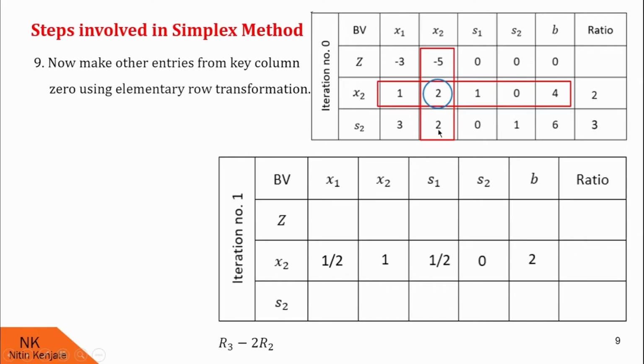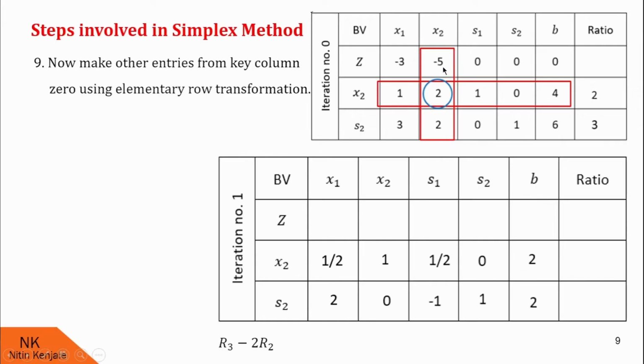So 2 is R3. 2 minus 2 times 1 is 0. 3 minus 2 times 1 by 2, that is 3 minus 1 is 2. 0 minus 2 times half is minus 1. 1 minus 2 times 0 is 1. Then 6 minus 2 times 2 is 2.